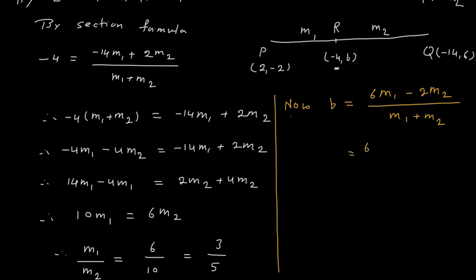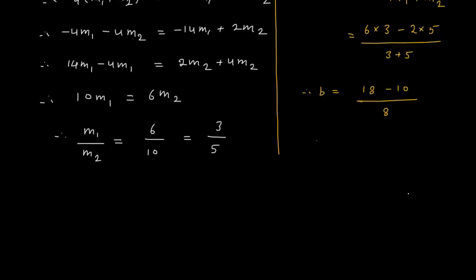So this is equal to (6 into 3 - 2 into 5) divided by (3 + 5). So the value of b is (18 - 10) divided by 8, that is 8 divided by 8, which is 1.